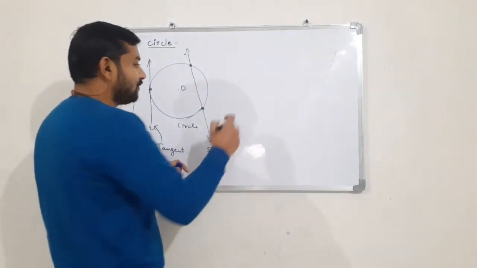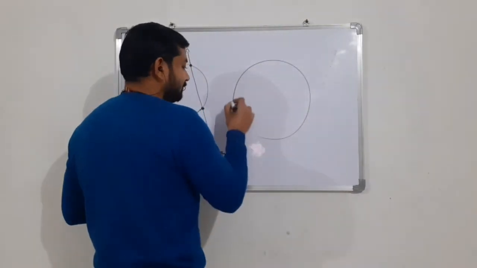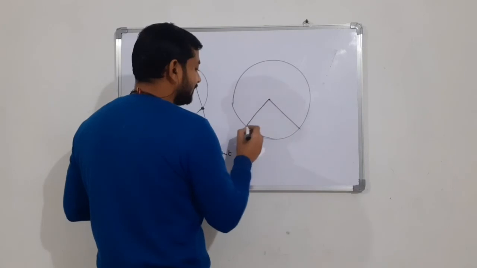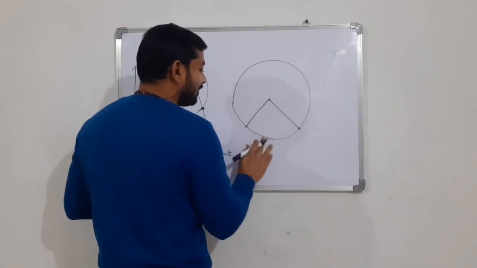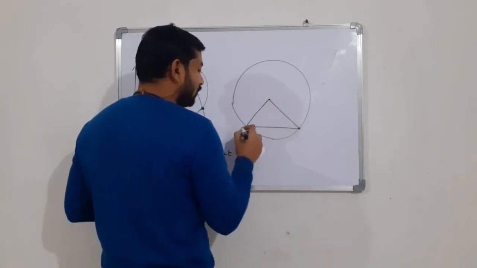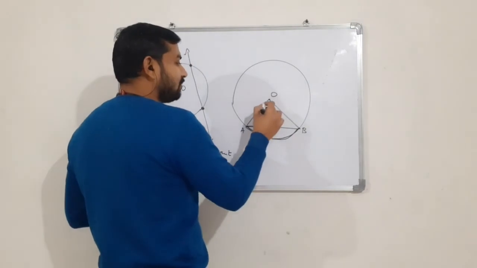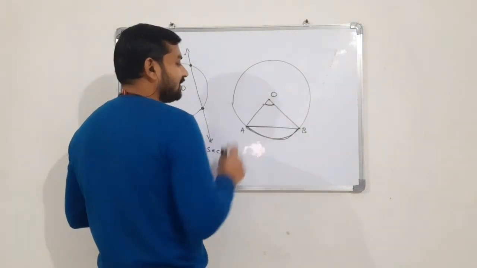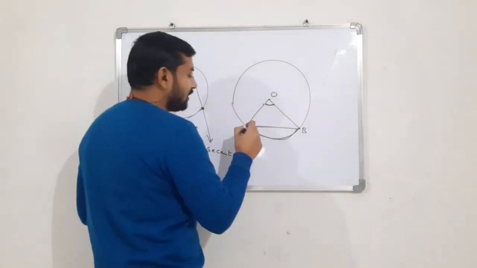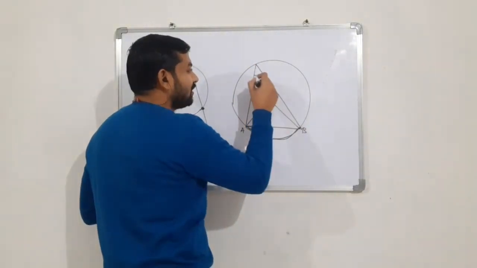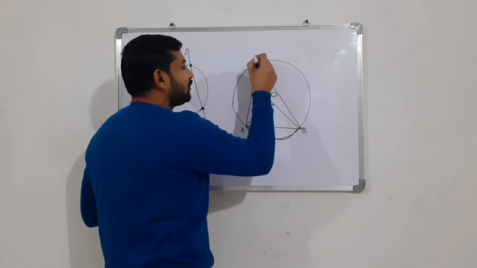Then you must have studied in class 9 that we have one angle at the center. Suppose this is an arc, or we can consider this chord also there. So either this arc or this chord AB is making an angle at the center, that is AOB, and if we consider any other angle in the remaining part of the circle, suppose we call it O dash.